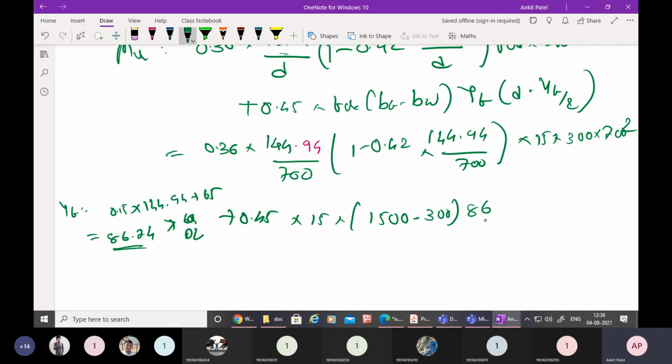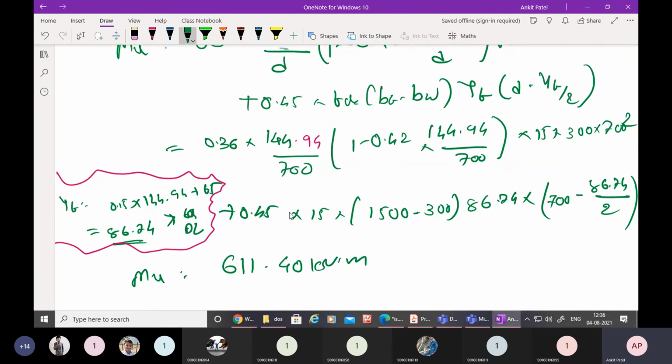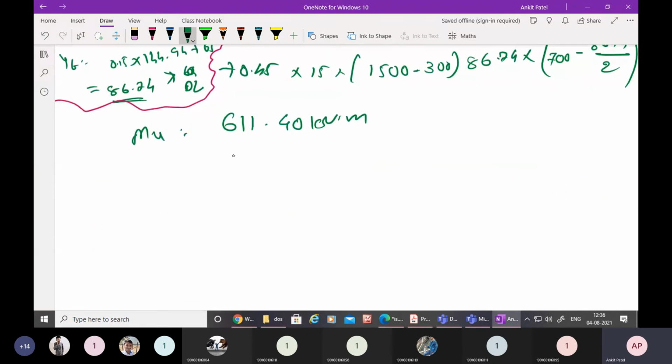So you can use this 86.74 into 700 minus 86.74 divided by 2. So this is the separate calculation for yf. Now Mu is equal to, you will get the answer, 611.40 kilonewton meter. So this is your final answer for the moment of resistance in this case.